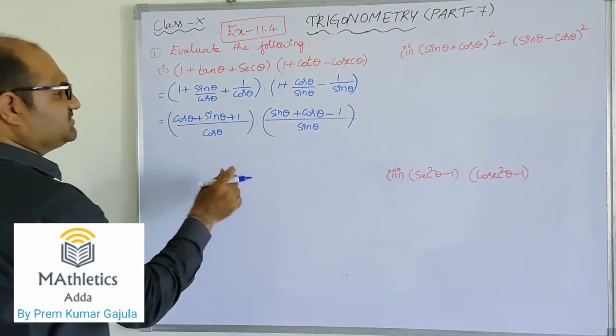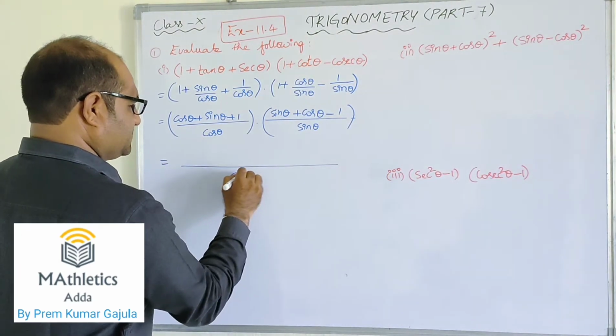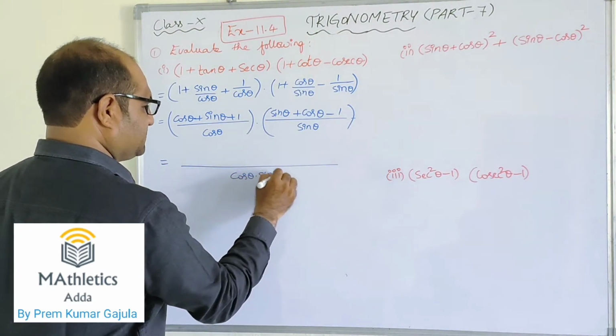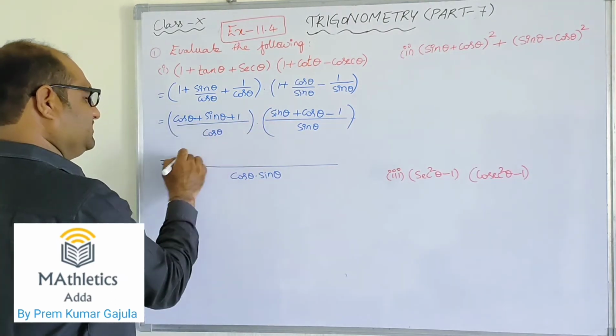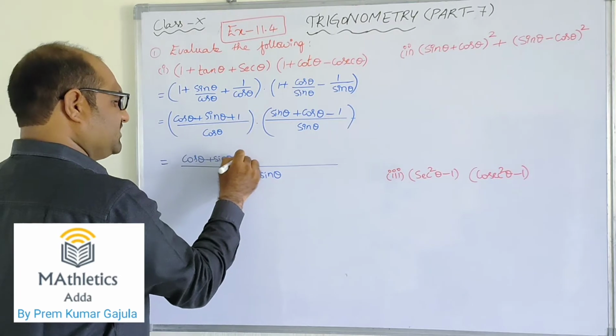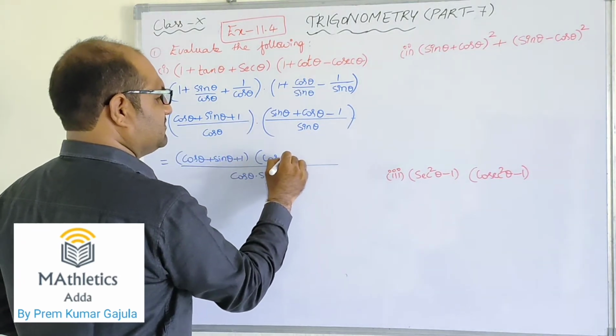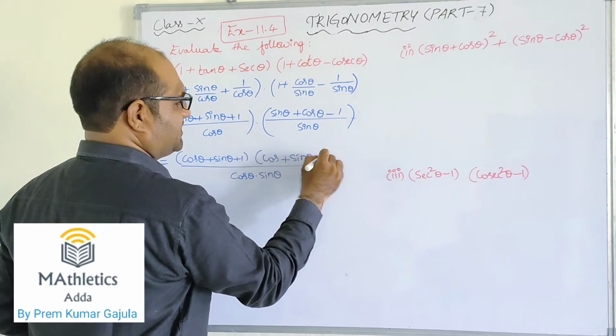Okay, and if you observe clearly, first of all let us write together cos θ into sin θ. Why? Because multiplication is there, we can combine: (cos θ + sin θ + 1)(cos θ + sin θ − 1).